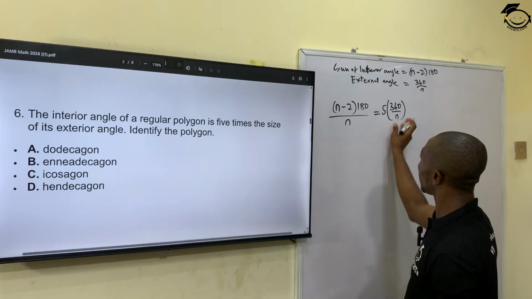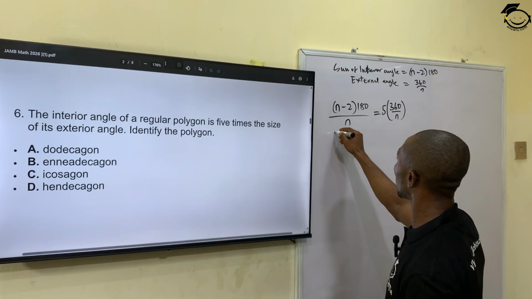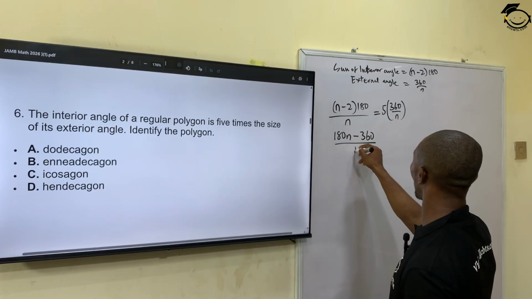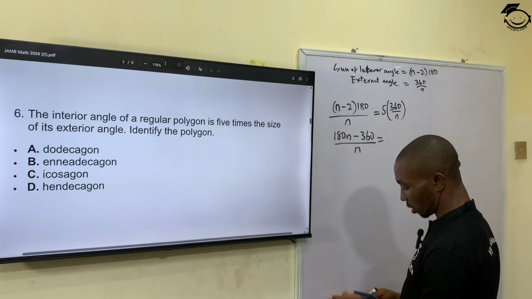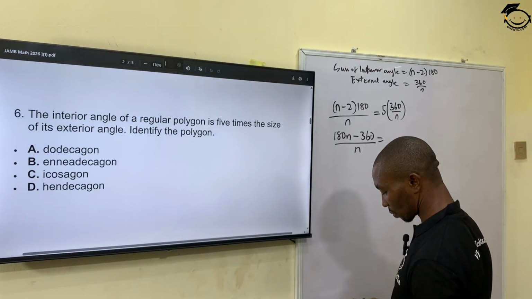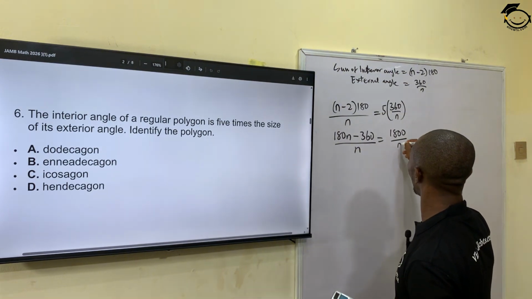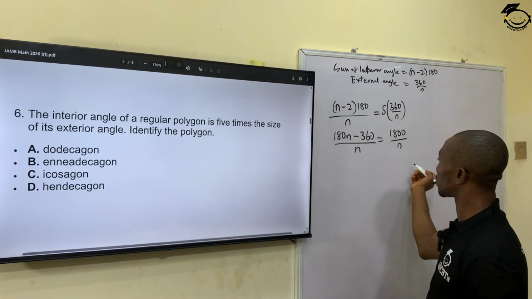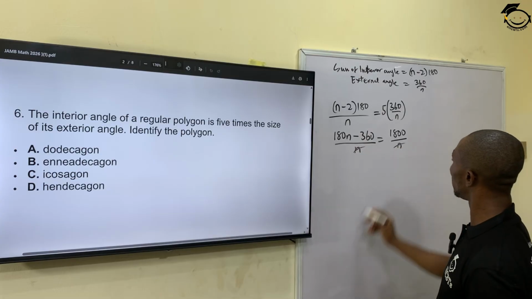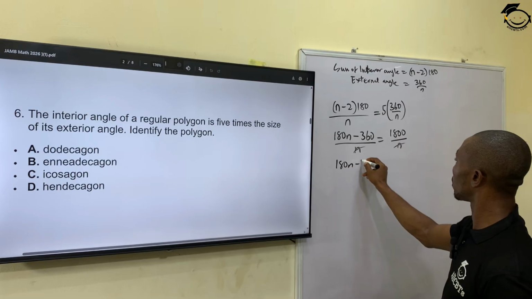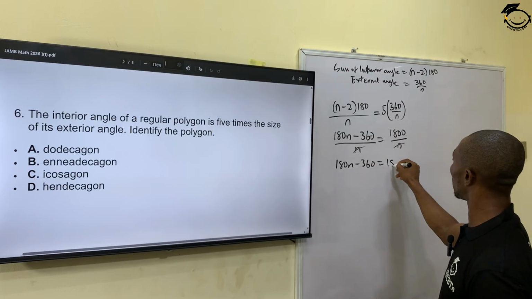Okay, now they said it's 5 times the external angle. So if we open up these brackets, we have 180n minus 360 all over n equals 360 times 5, which is 1/8 all over n. If we multiply both sides by n, we'll eliminate this. So this gives us 180n minus 360 equals 1/8.